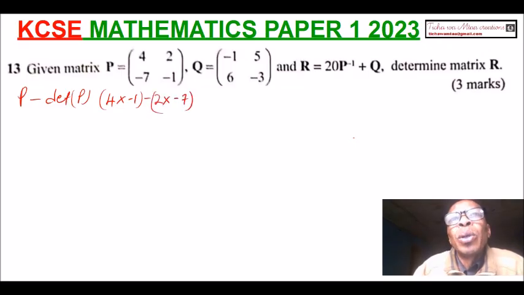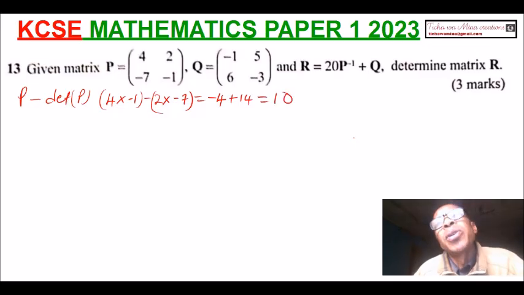So that will give you minus 4, that will be plus 14, and that will be equal to 10. So the determinant of matrix P is 10. The determinant helps us to get the inverse.